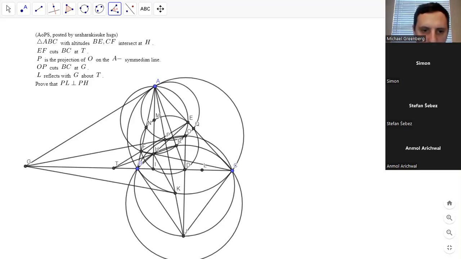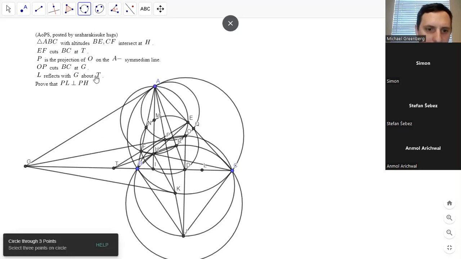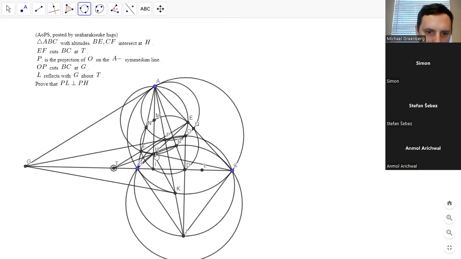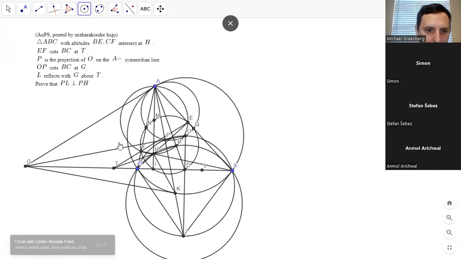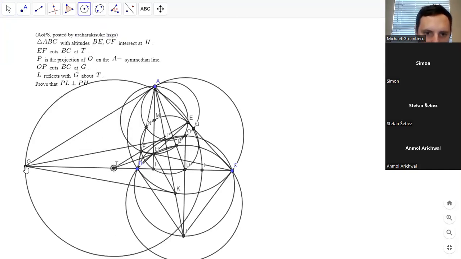So is there any, does T lie on any circle? I don't know. Well, what if I drew this circle, the circle with diameter GL? I wonder if there's anything special about that. I'm not sure if there is. Yeah, maybe not.